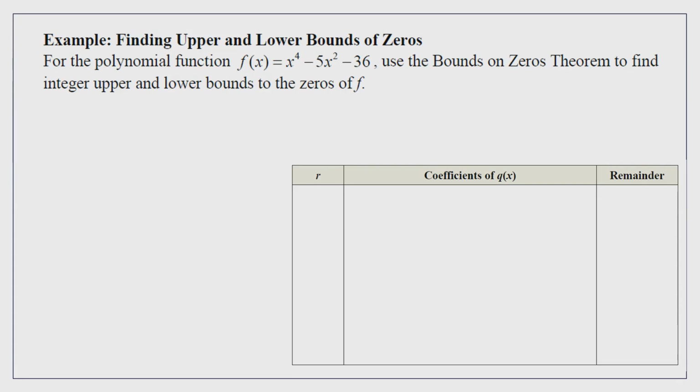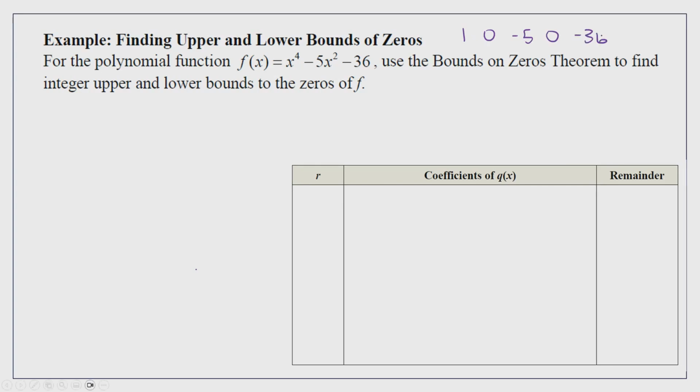Okay? So first thing that we need to do is identify the coefficients of the polynomial. So the coefficients of the polynomial are 1, 0, -5, 0, and -36.